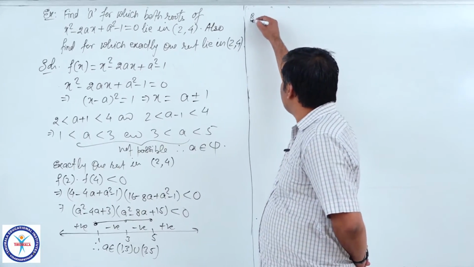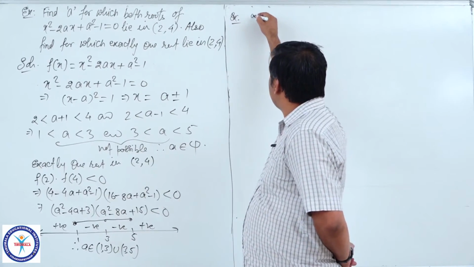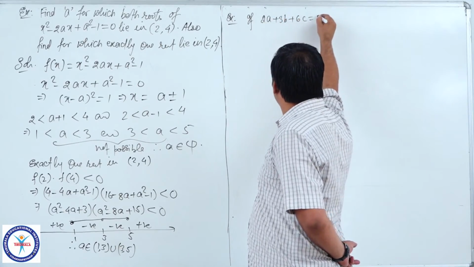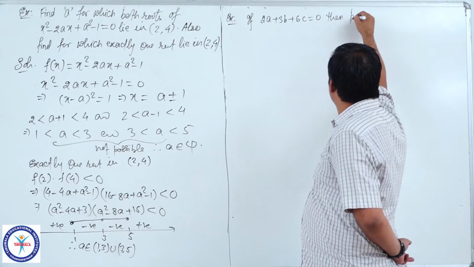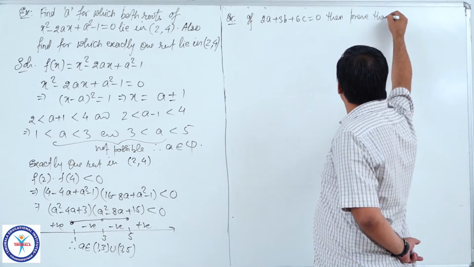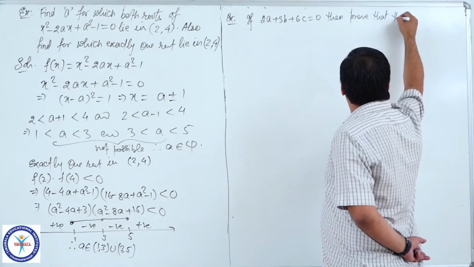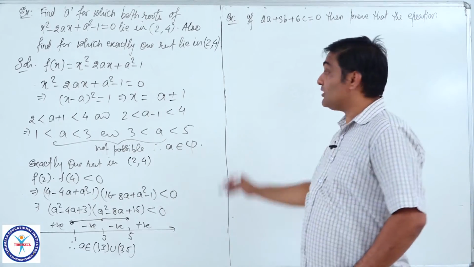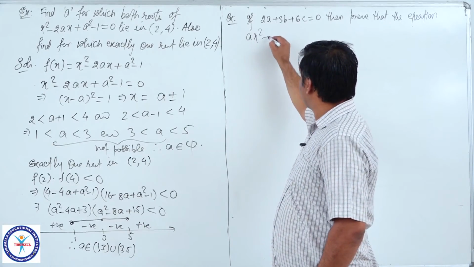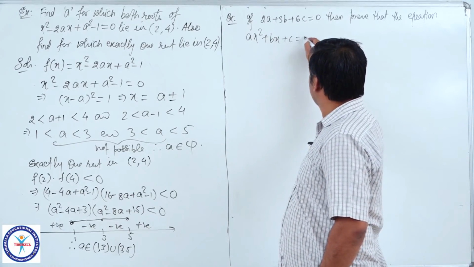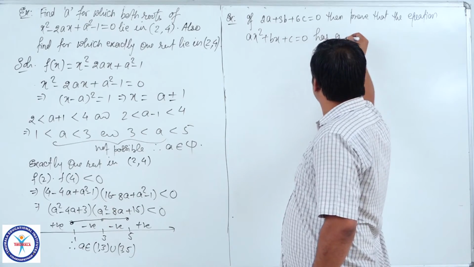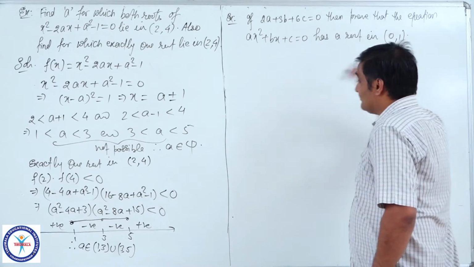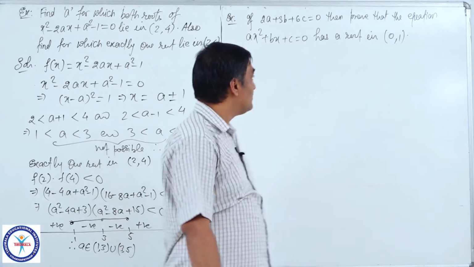Now, next example. If 2a plus 3b plus 6c equal to 0, then prove that the equation ax square plus bx plus c equal to 0 has a root in 0, 1.